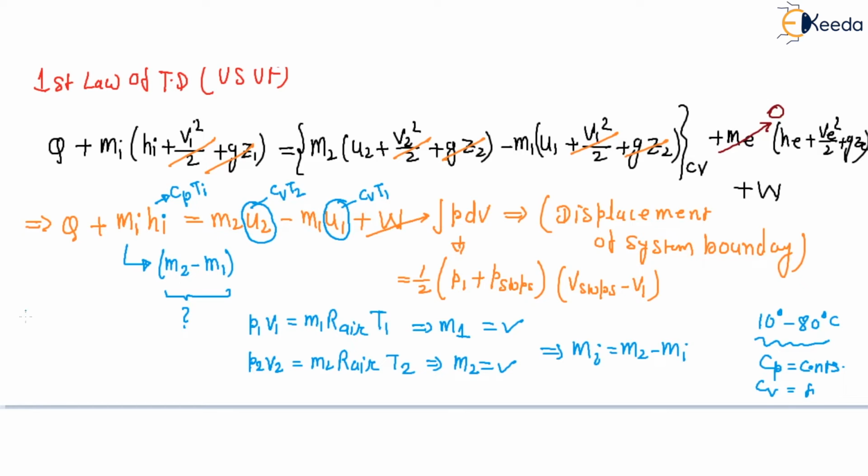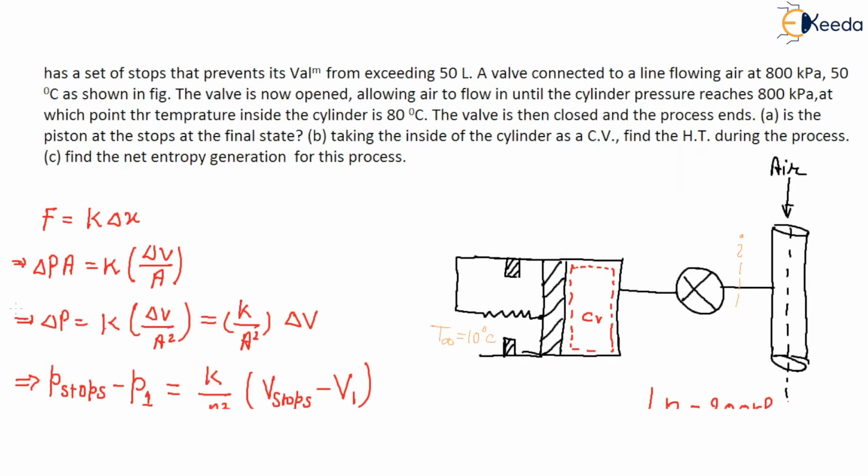So you have Mi, you have Hi, you have U2, M2, all of these. From here we can find Q equal to minus 11.6 kilojoule. Okay, so during this process heat will transfer from the system to the surroundings. This is the negative value, heat rejection. Why? Because as the fluid flows in, along with the internal energy, the system temperature will increase.